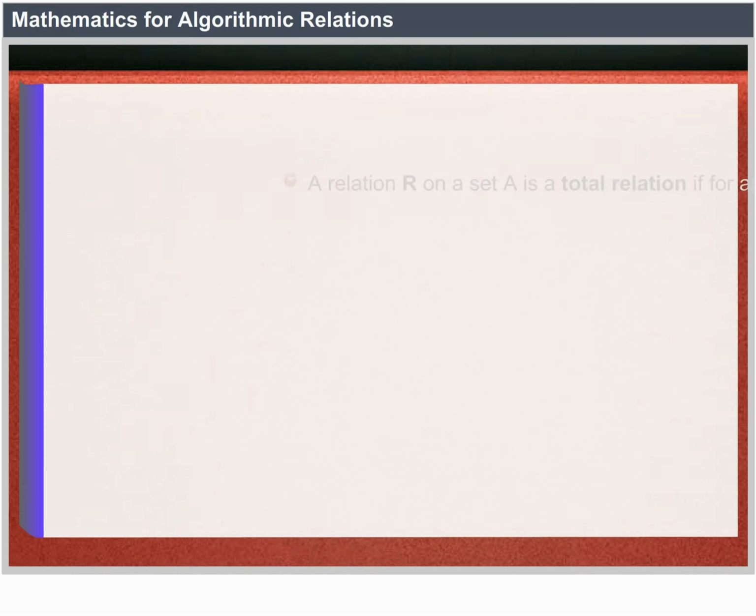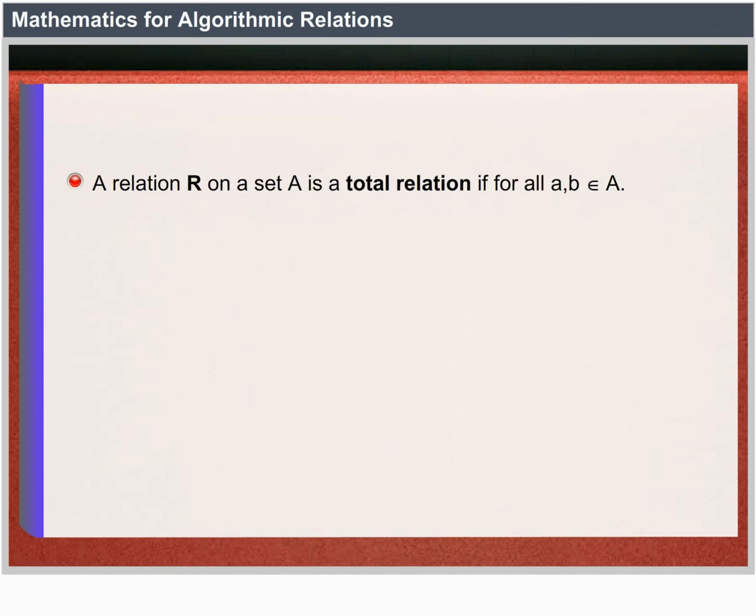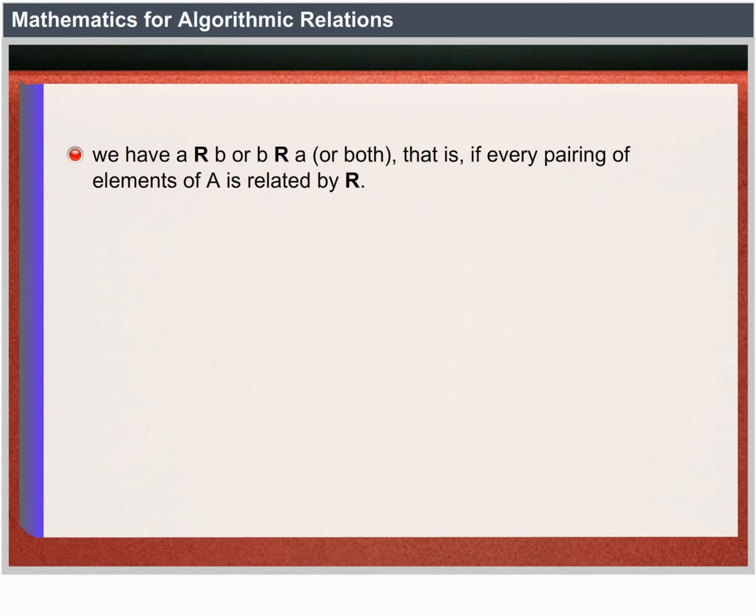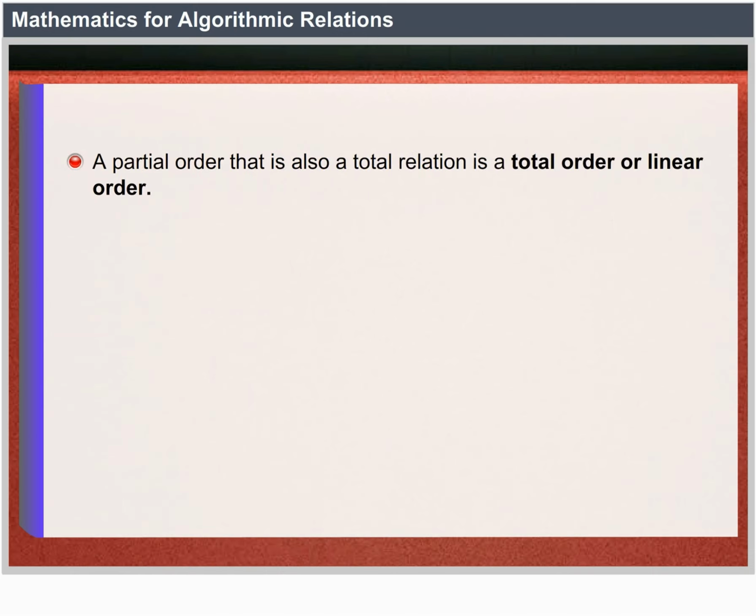A relation R on a set A is a total relation if for all a, b belonging to set A, we have aRb or bRa or both, that is, if every pairing of elements of A is related by R. A partial order that is also a total relation is a total order or linear order.